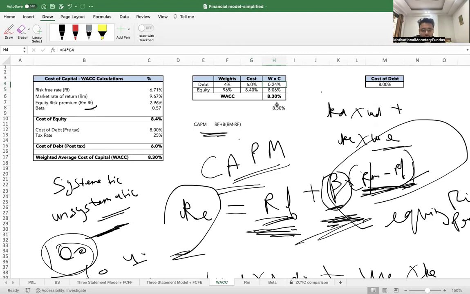Or simply we can use a sumproduct formula also. Sumproduct will automatically multiply the weight of debt into cost of debt and add the weight of equity into cost of equity directly. And you shall get WACC here as 8.30%. That's your weighted average cost of capital. And it is the rate at which you shall discount the future cash flows. That is something we need to understand.